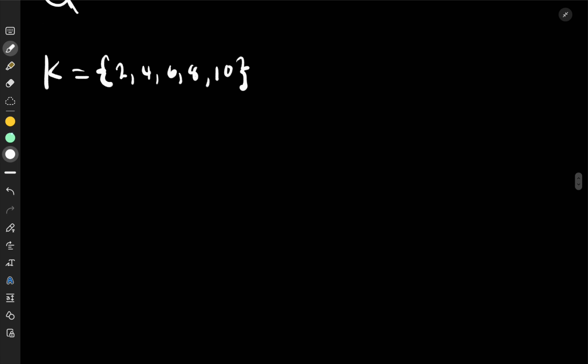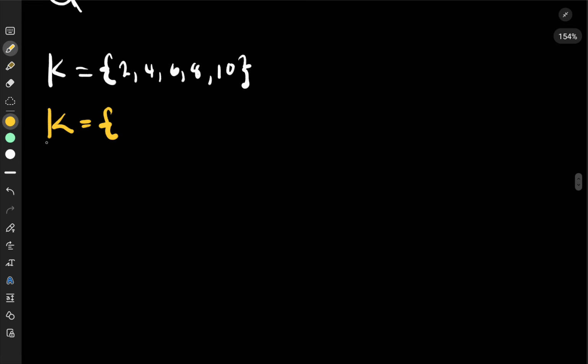So if I want to write this same thing that I've listed in set builder notation, I would say K is equal to, then do the thing. When I'm writing in set builder notation, I always do thing number one, which is to give my elements a letter that is going to stand for them. So we have the name of the set first, which is going to be a capital letter, obviously.